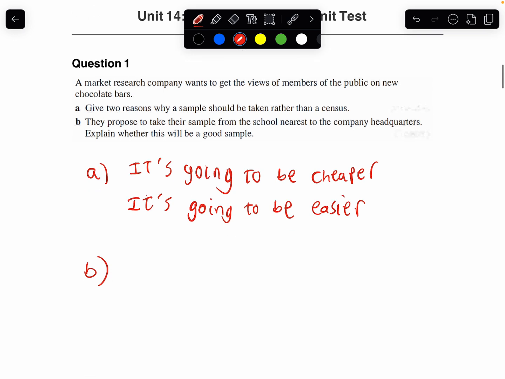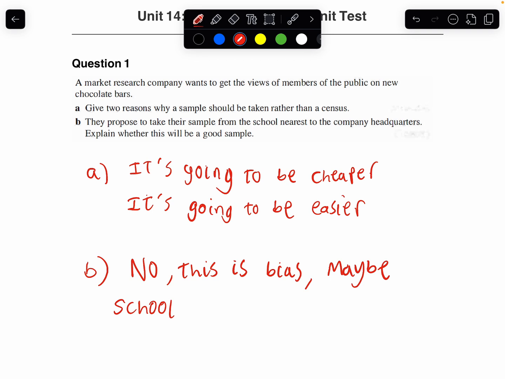Right, B, they want to take it from a school. As soon as they start talking about one specific area, this is going to introduce bias. So no, this is bias. Maybe school children are more likely to like chocolate, okay, school children are more likely to have preference.